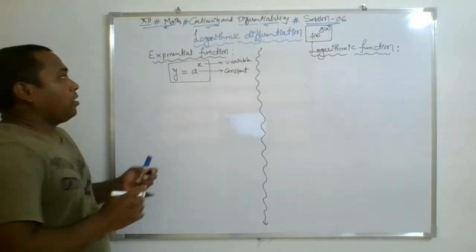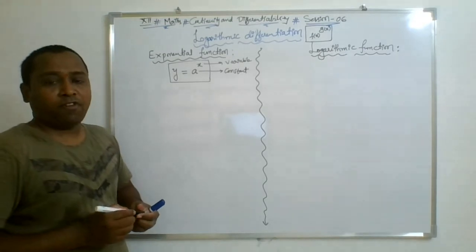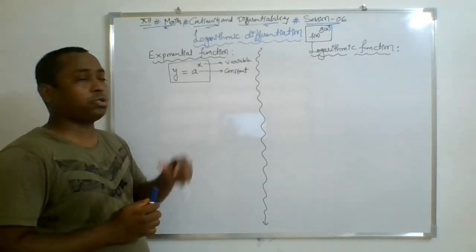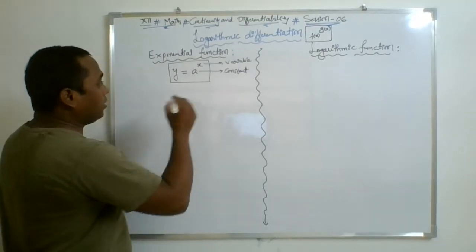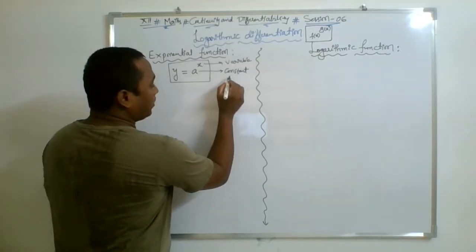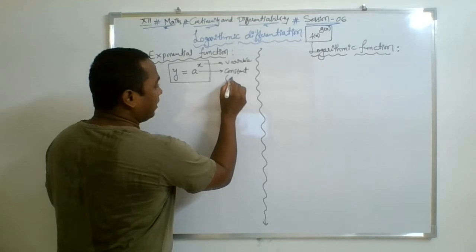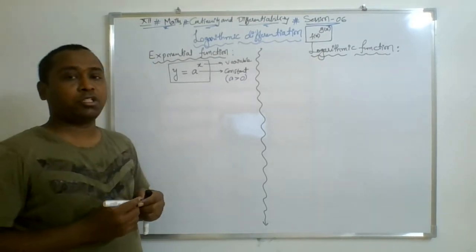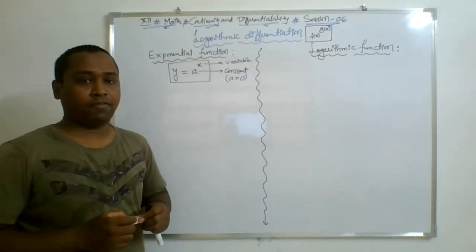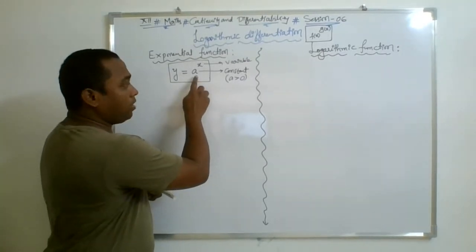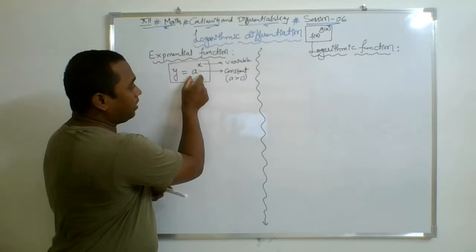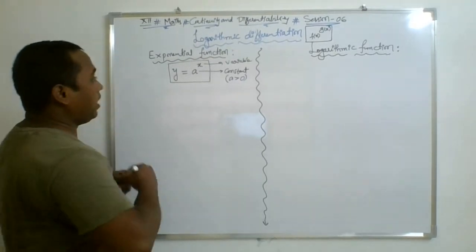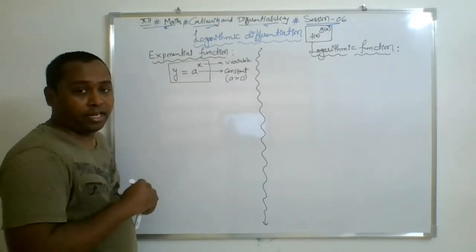Now, to discuss the exponential function, we have some constraints to hold this function true. Hence, this constant is always greater than 0. While discussing the exponential function and the laws of the exponential function, we are considering that a, that is the base, is greater than 0, and x may be any real number.